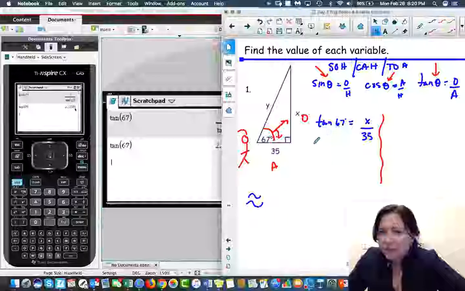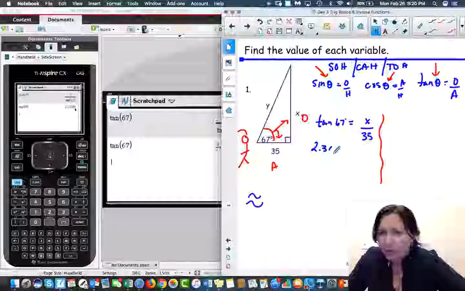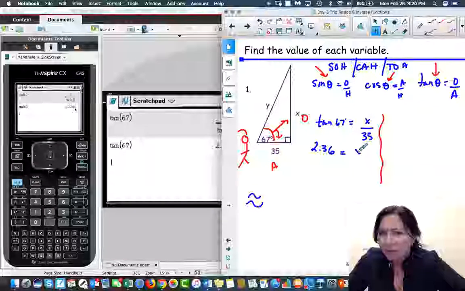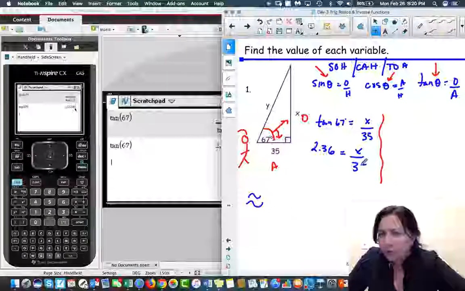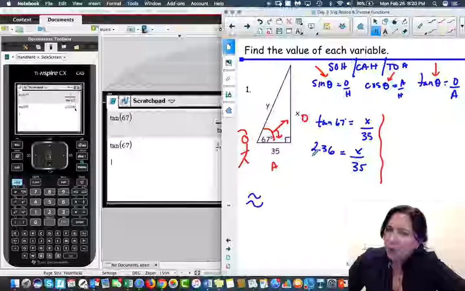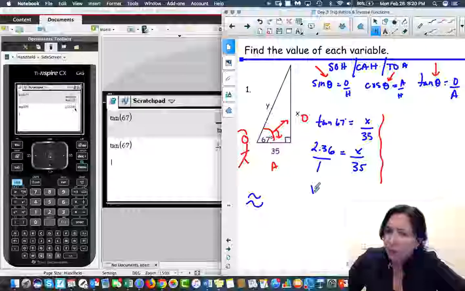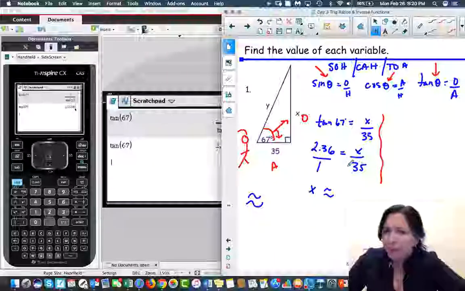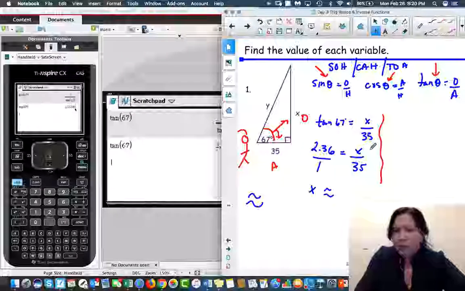So tangent of 67, which is 2.36, is equal to x over 35. And now all I have to do is cross multiply. So x is approximately 35 times 2.36.